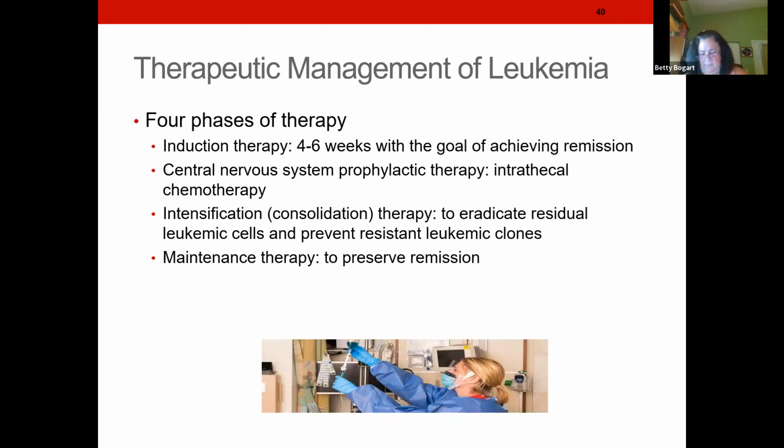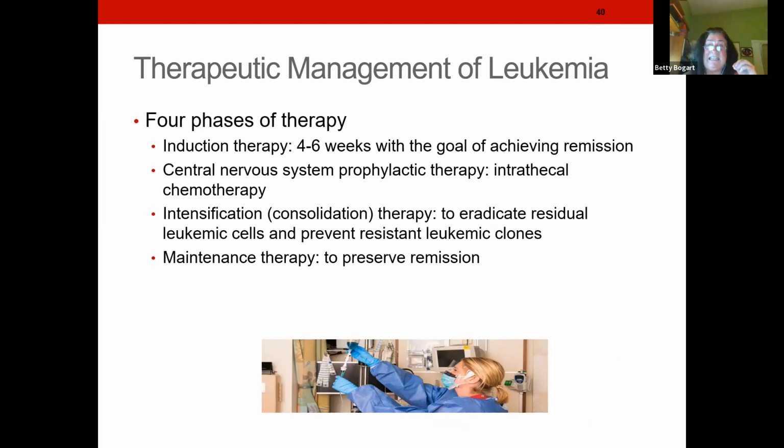So you get a kid diagnosed. We've done all of the testing, and we're going to be starting chemo. This is where they're going to put a port in, so they're not going to always be pinched with IVs all over the place. And the first 4 to 6 weeks are your most intense and your most important.